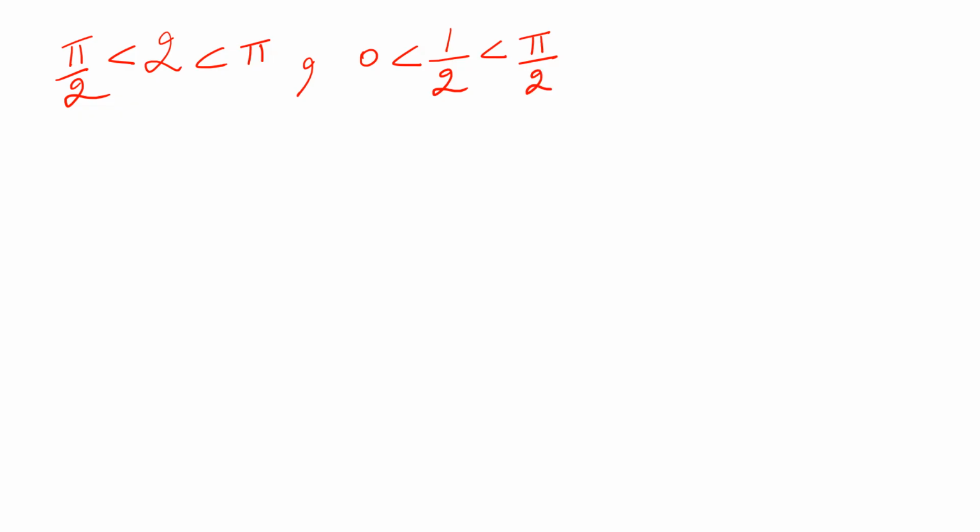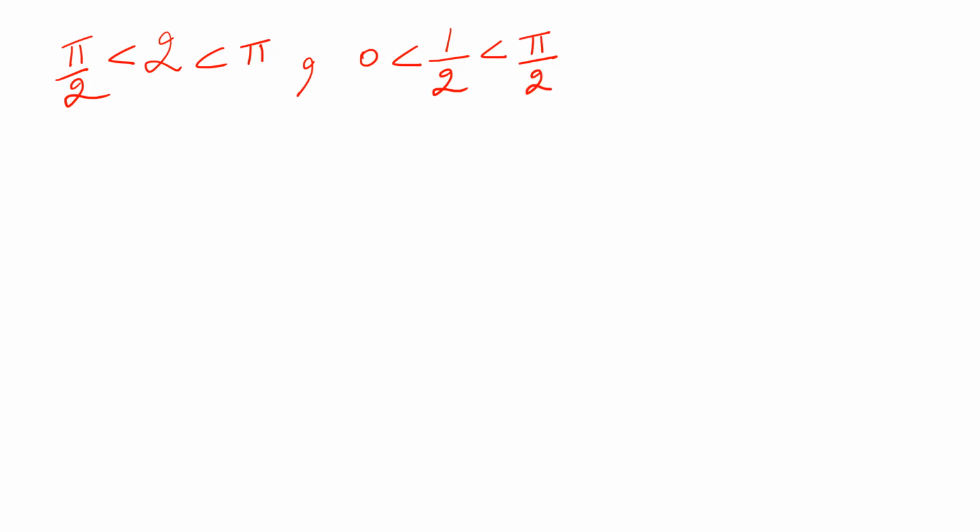Now students, we know that 2 is greater than pi by 2 and less than pi. So that means angle 2 lies in the second quadrant, whereas 1 upon 2 is greater than 0 but less than pi by 2. So that means angle 1 upon 2 lies in the first quadrant.